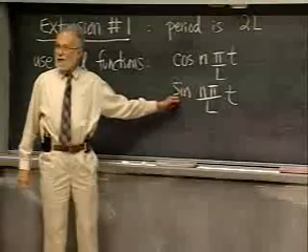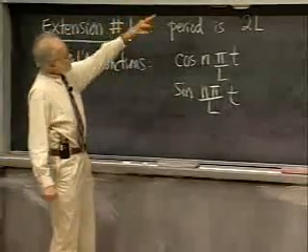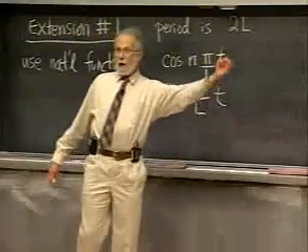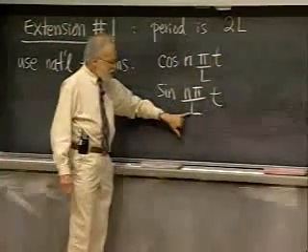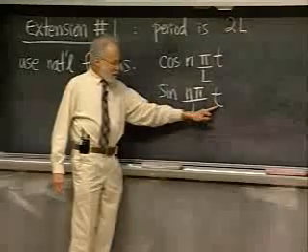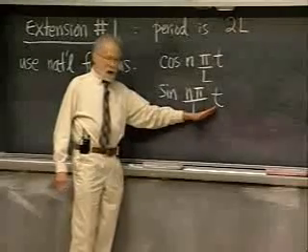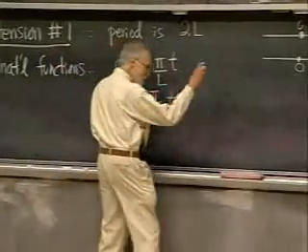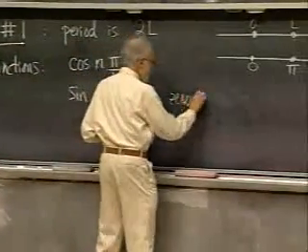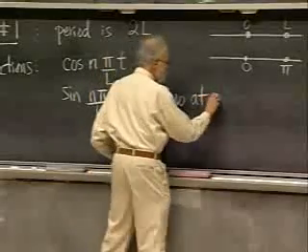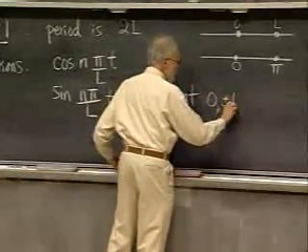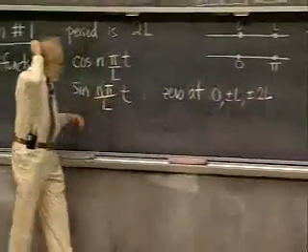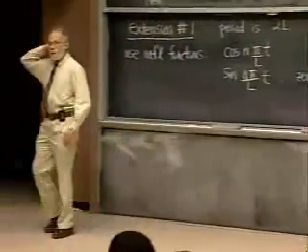Where is this one 0? The sine functions that we used before were 0 at 0, pi, 2 pi, 3 pi. Where is this one 0? It's 0 at 0. When t is equal to L, it's 0. When t is equal to 2L, it's 0. So this is the right thing. It's periodic, and it's 0 at 0, plus or minus L, plus or minus 2L. And in fact, formally, you can verify that it's periodic with period 2L.